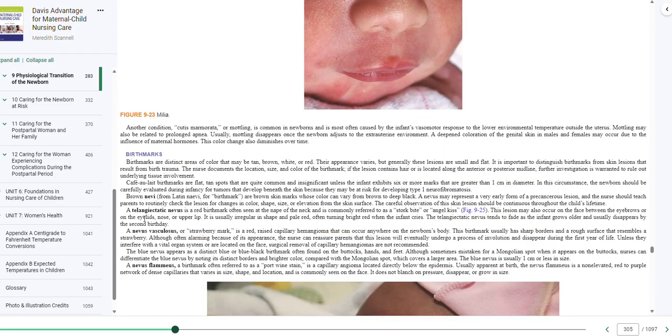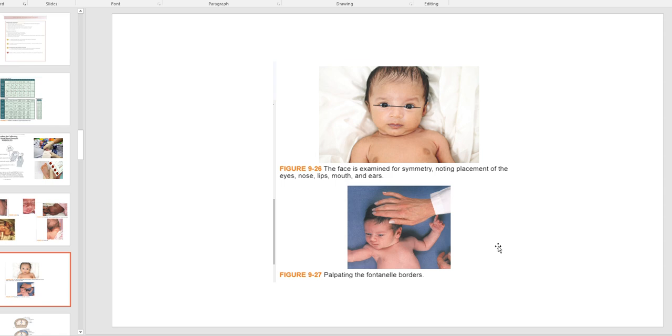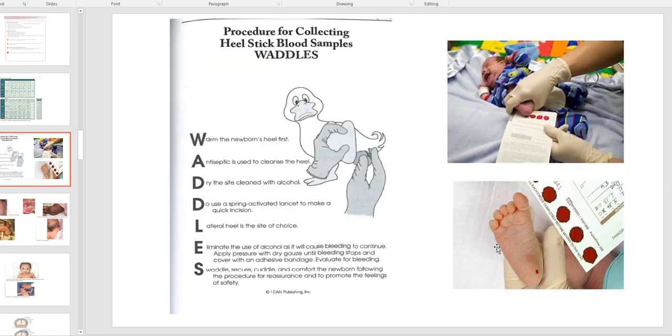You have the different terms I told you in class I want you to read about. Okay. Telangiectatic nevus is the red birthmark, like an angel kiss or stork bite. Nevus vasculosus is the strawberry mark.